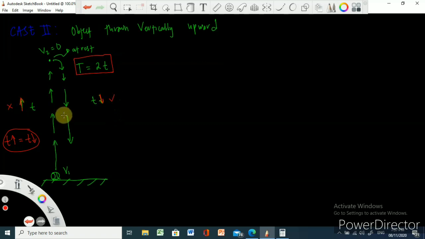Okay? So again, that's not the case, ano? Kasi it is an experimental fact na yung time it takes for an object to move up hanggang sa highest point is exactly the same, equal for the time it takes for this object to return to the ground. Parehas lang yun. Okay?